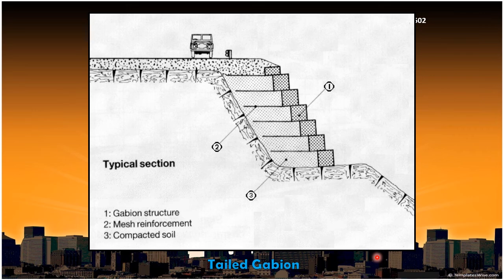So this is the typical section. Okay, we have the gabion structure which is the basket that is filled with the crushed stone ataupun broken stone, and we have the mesh reinforcement. Ini dia mesh reinforcement ataupun metal strip tu lah, and ini semua adalah compacted stone.